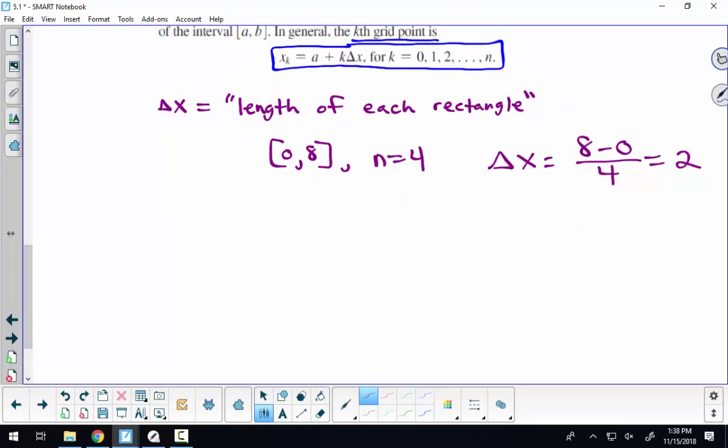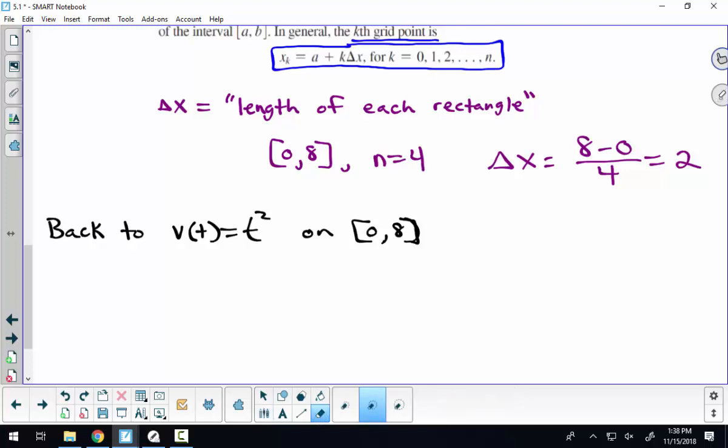And then, so what we had was, let's go back to this example that we computed already, just to see how this works. On 0, 8, with 4 rectangles.